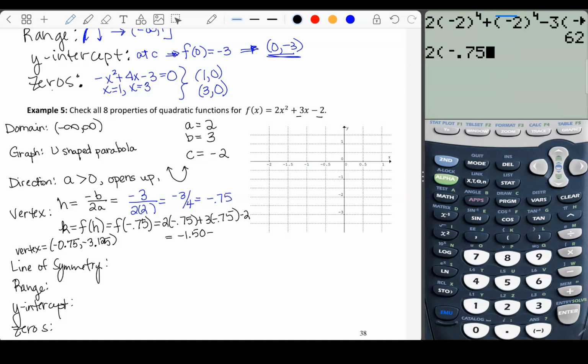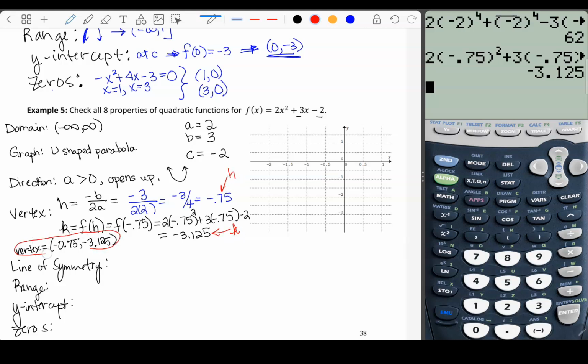Negative 0.75 squared, not 2 times negative 0.75. I got that square there, I didn't write it down on my page. So let me use my calculator. 2 times negative 0.75 squared plus 3 times negative 0.75 minus 2 is negative 3.125. Exactly what we got when we ran that second calculate minimum function on the graph.